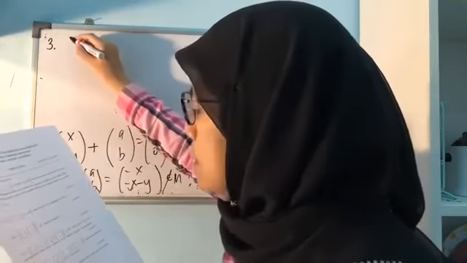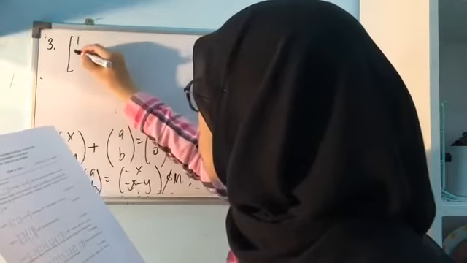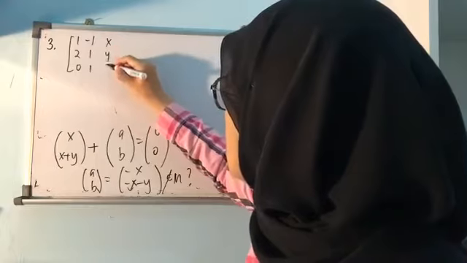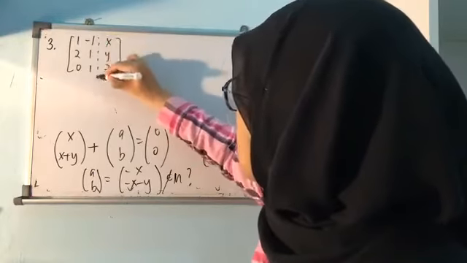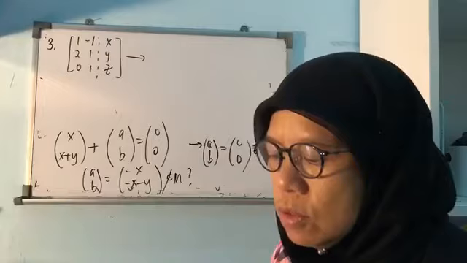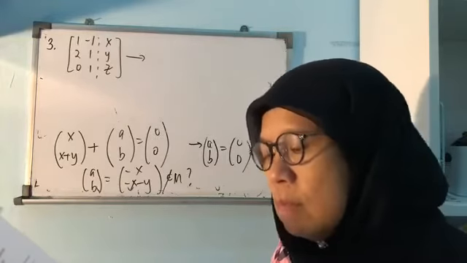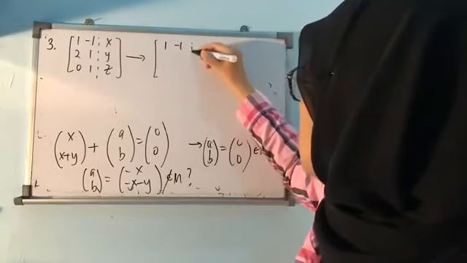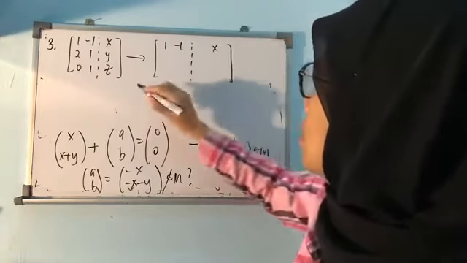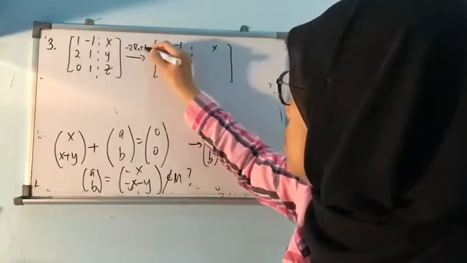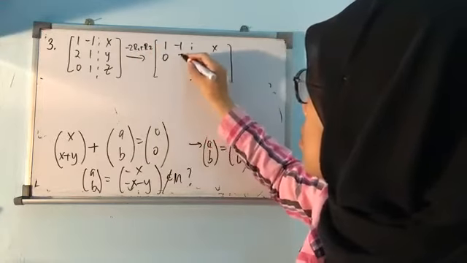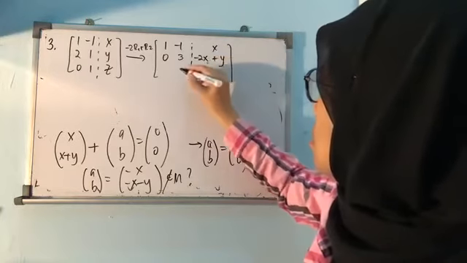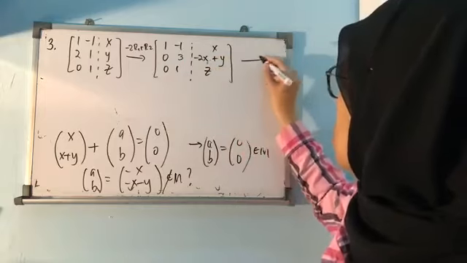Number 3, to find the span, you just do 1, 2, 0, negative 1, 1, 1, x, y, z, right? Then you reduce. Negative 2 row 1 plus row 2. And one more.